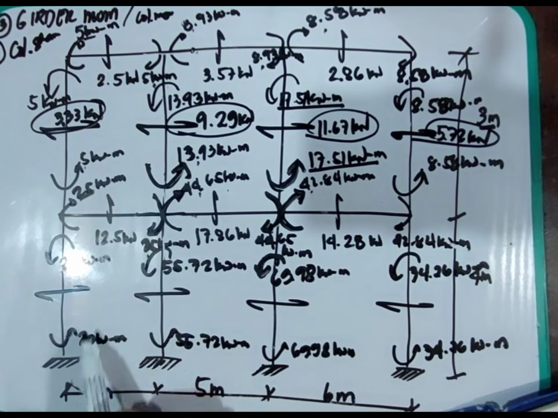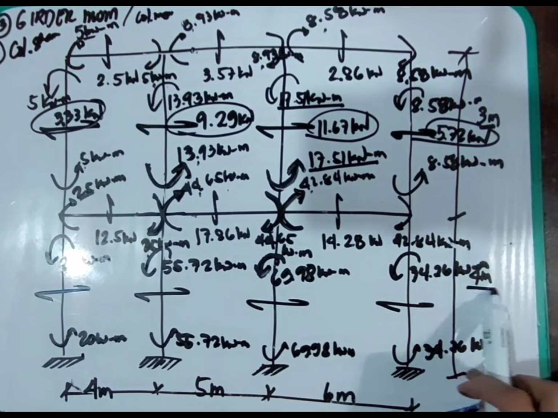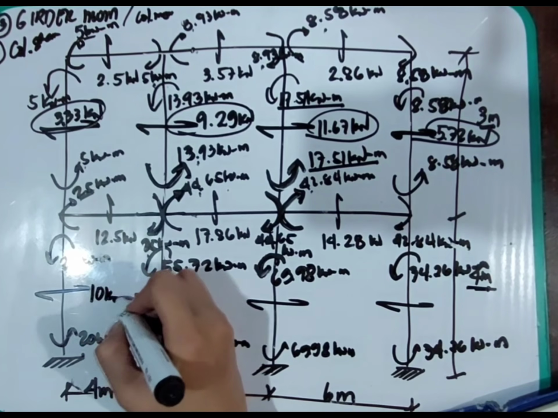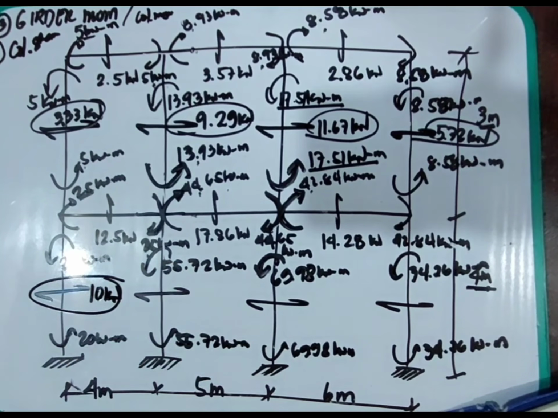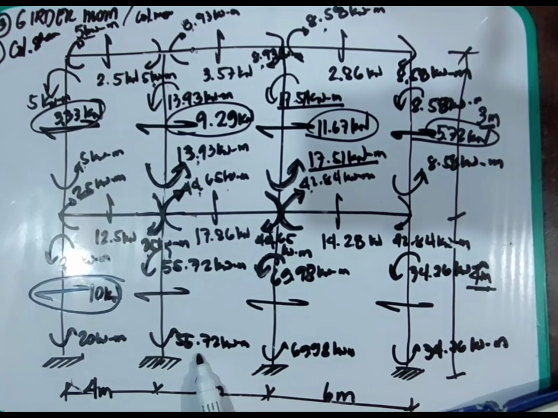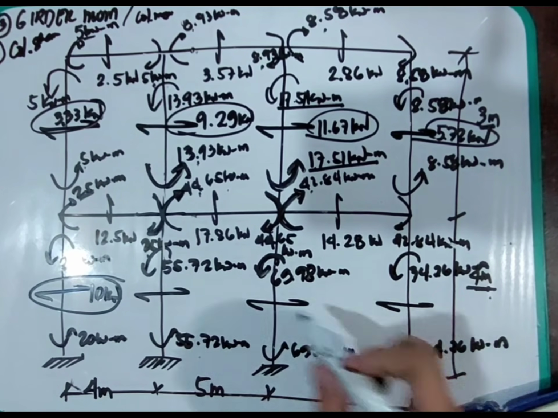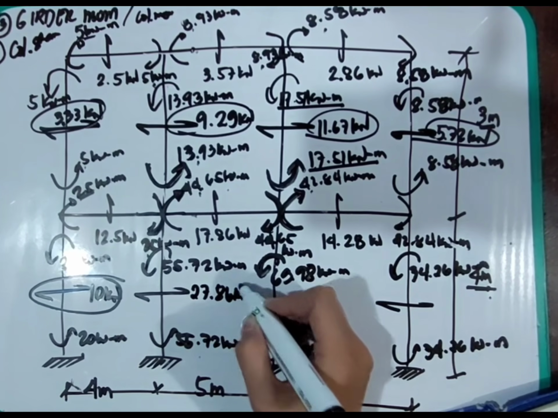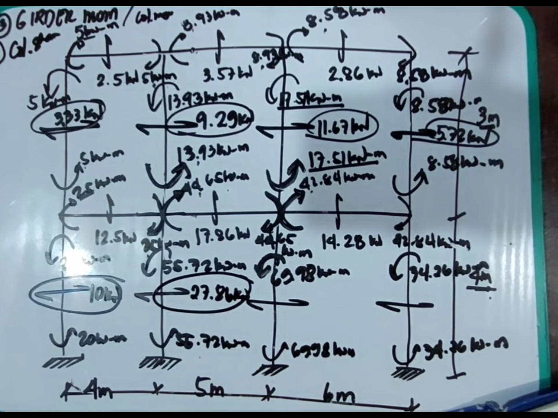Next, 20 plus 20 divided by 4 meters natin. So, we have 10 kilonewton. Next, we have 55.72 plus 55.72 divided by 4. We have 27.86 kilonewton. Bilugan ulit natin.